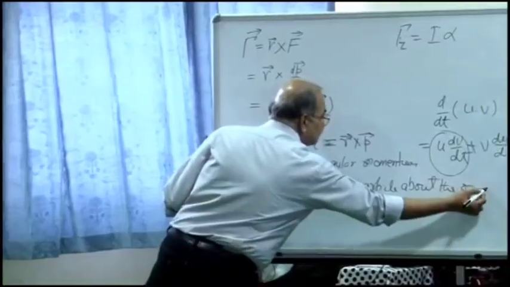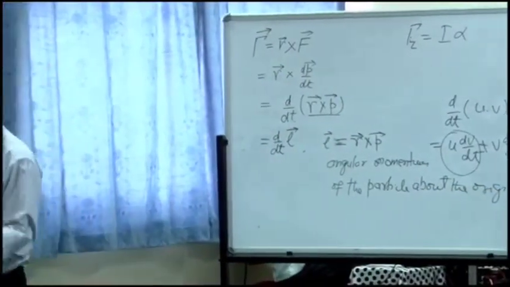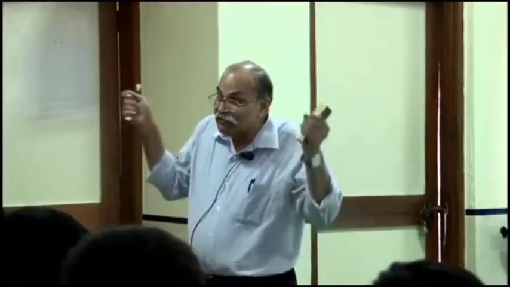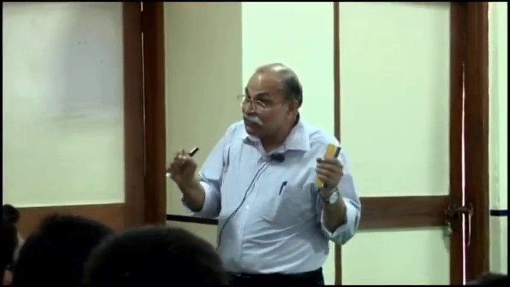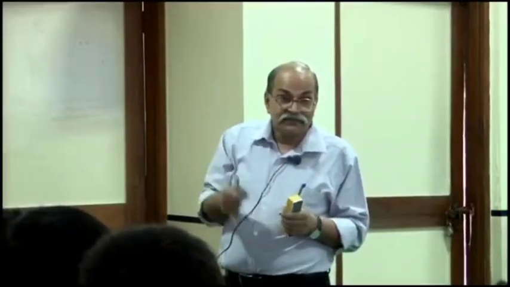First time when you define something, keep track of the entire sentence, entire language. r cross p is angular momentum. If you remember only this one, it will not suffice. It is angular momentum of the particle. Which particle? Whose position vector is r, whose linear momentum at this instant is p.